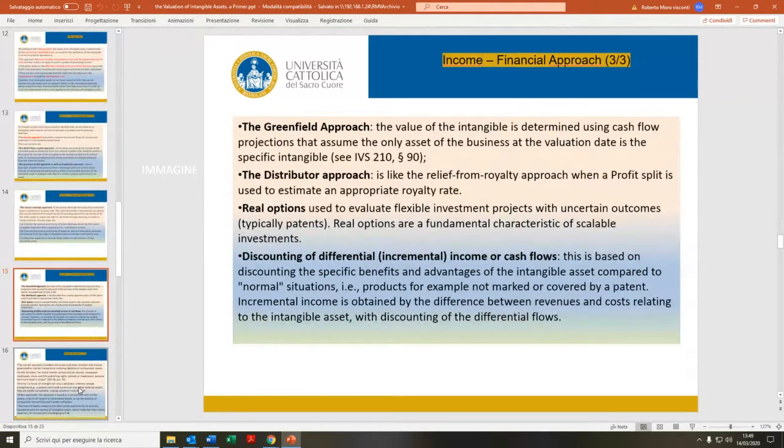We have other less used approaches, for instance, the greenfield approach using cash flow projections, the distributor approach similar to the relief from royalty approach. We might also use real options. Real options are often used in capital budgeting to make economic and financial forecasts more flexible.